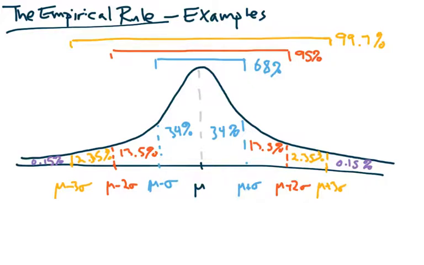Now, one of the things that I forgot to say last time is that you can do this same empirical rule if you're working not just with a population but also with a sample. Do you guys remember what symbol we used for the sample mean? It wasn't Greek. It was an English letter with a bar over it. It was x bar. That's right.